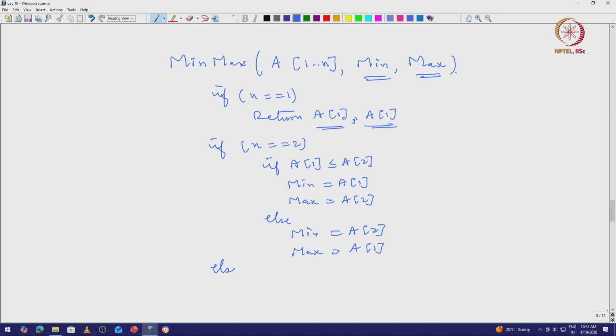Else, you are going to check, else if n mod 4 equal to 2, then q equal to floor n by 2 minus 1, else q equal to floor n by 2.